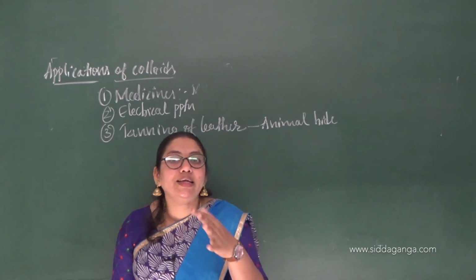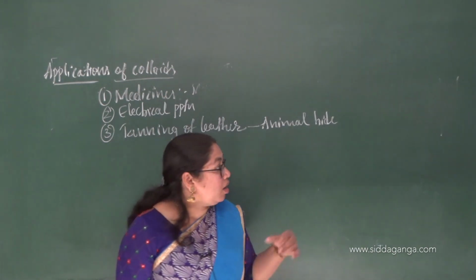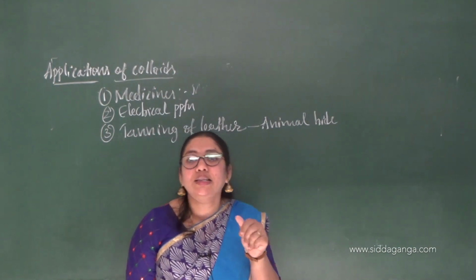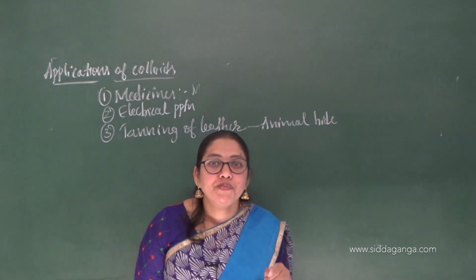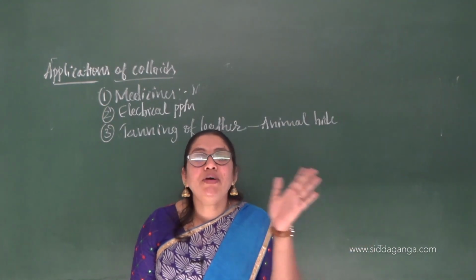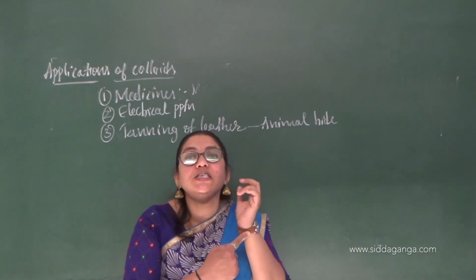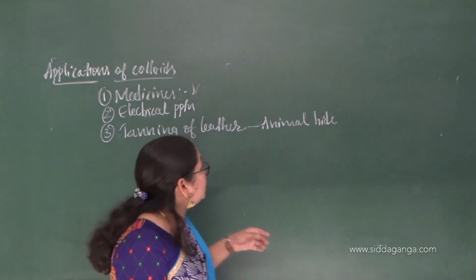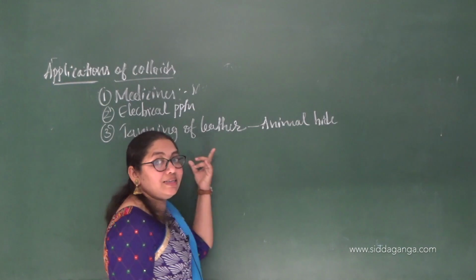So how are those leather items prepared? They are prepared from the animal hide. But animal skin is very smooth in nature, so how has it become so hard? If I observe this watch strap, how has it become that hard? That is mainly because of one process called tanning of leather.